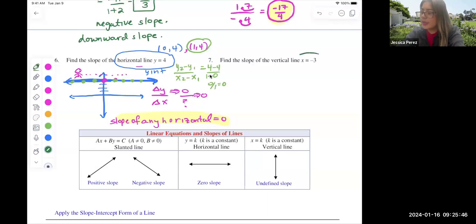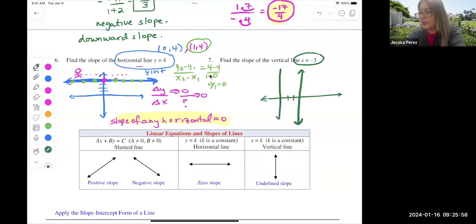Now what happens when I have a vertical line at x equal to -3? We begin by also graphing. I'm going to go 1, 2, 3, and it's going to be a vertical line downward. This is my x, this is my y. I know that this corresponds to x equal -3. So this point right here is -3, 0.